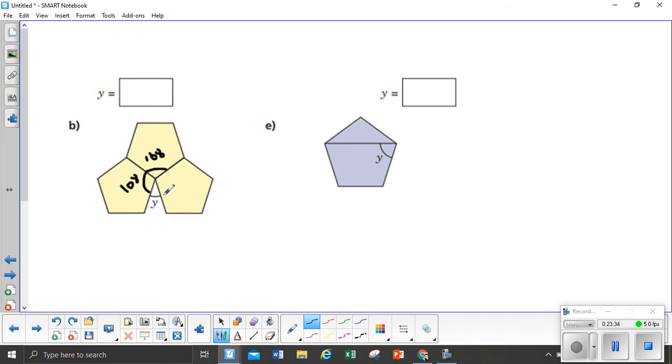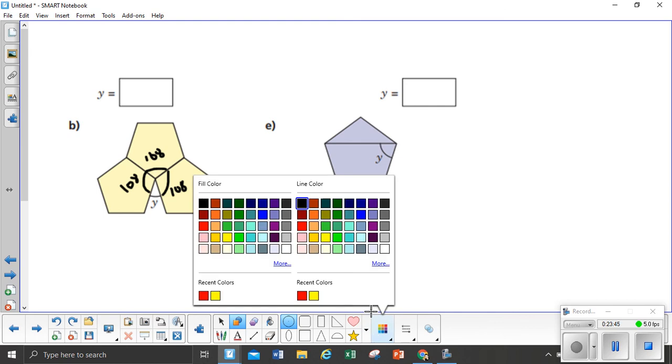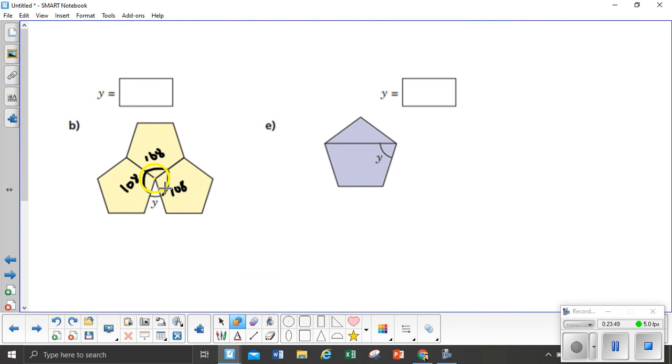That angle there is 108. Once again, my angles are on a point, because they go around in a circle. I'm trying to find my remaining bit here.